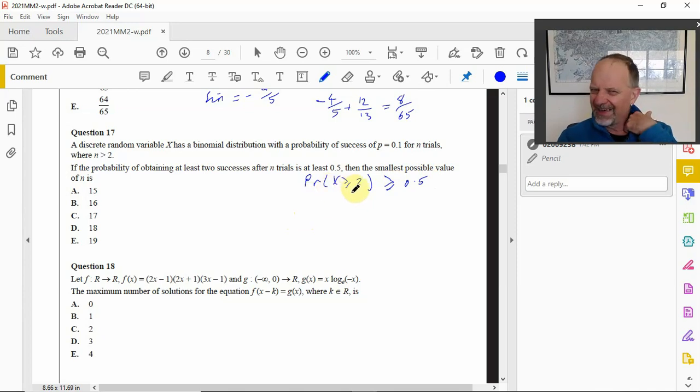So the probability x greater than or equal to 2 is everything minus the probability where x is less than 2. And we want that to be greater than or equal to 0.5.